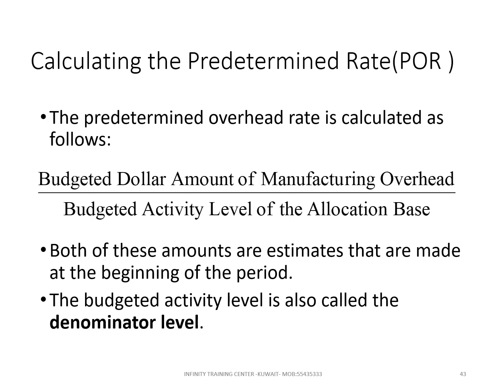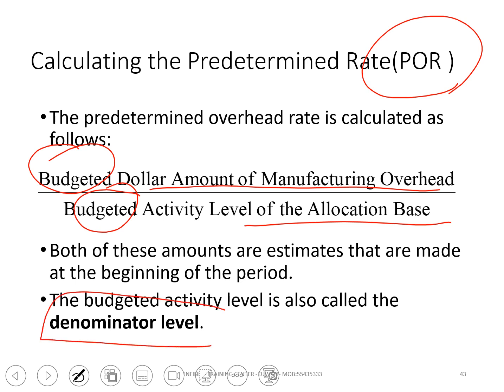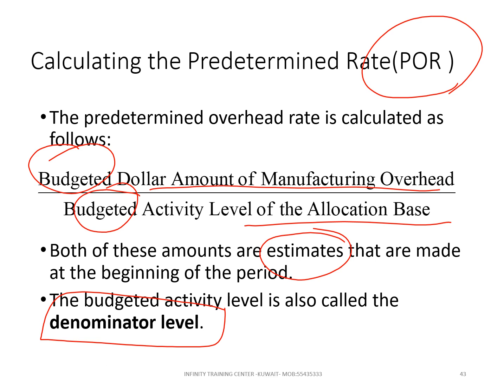First we will just calculate how a predetermined overhead rate is calculated. So POR is calculated based on the budgeted dollar amount of overhead divided by the budgeted activity level of the allocation base. This allocation base is also called the denominator level, and we know that both are estimates we are making in the beginning.